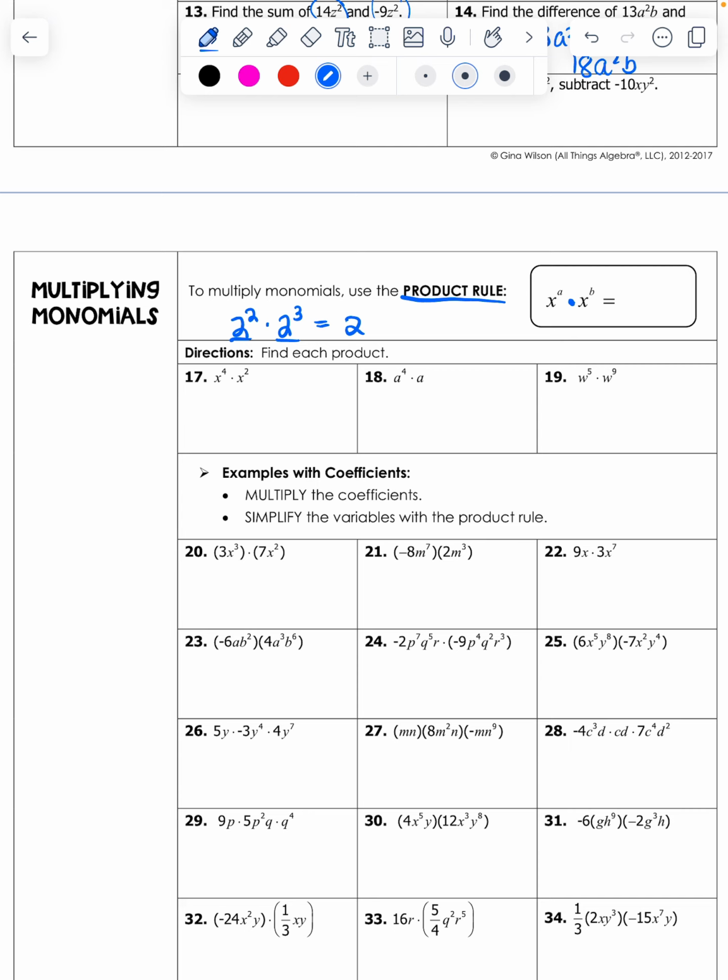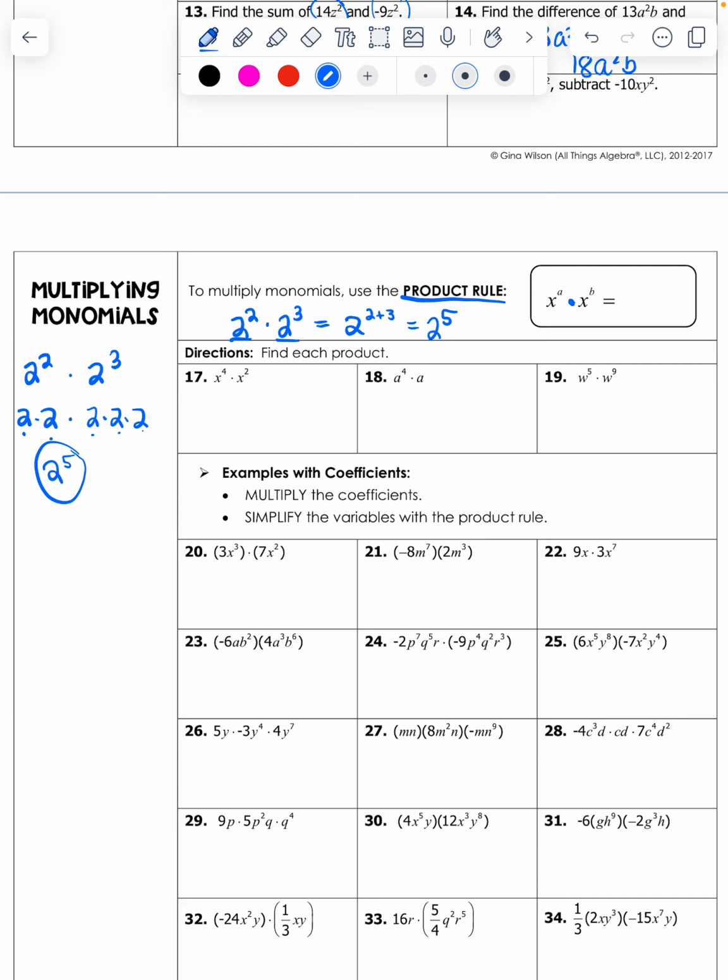What we do is take the exponents and add them. 2 to the second power times 2 to the third power is the same thing as 2 to the fifth power. The reason why is 2 squared is really 2 times 2, and 2 to the third power is 2 times 2 times 2. Altogether, we have 1, 2, 3, 4, 5, so 2 to the fifth power. That's where that comes from.